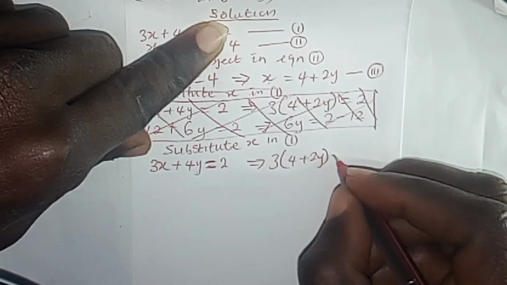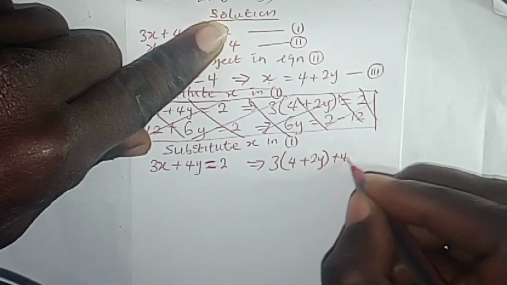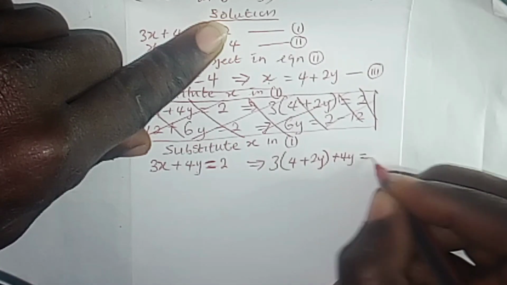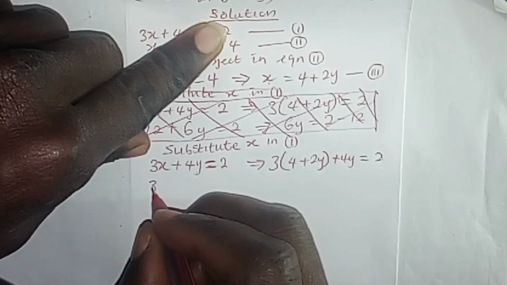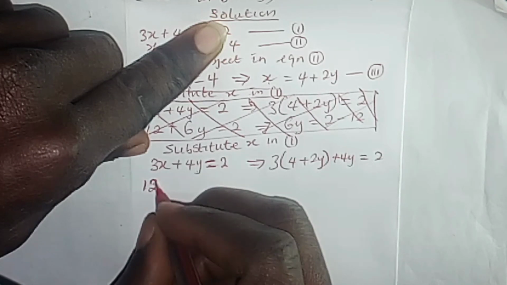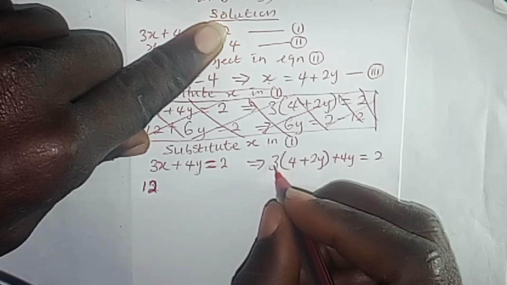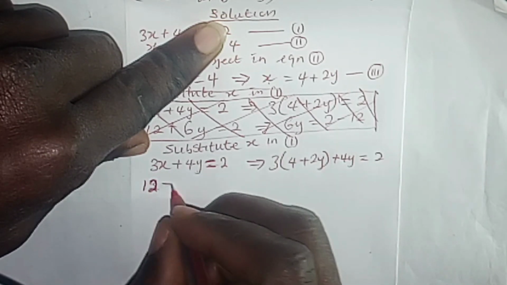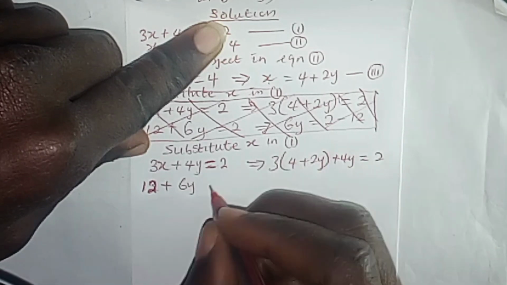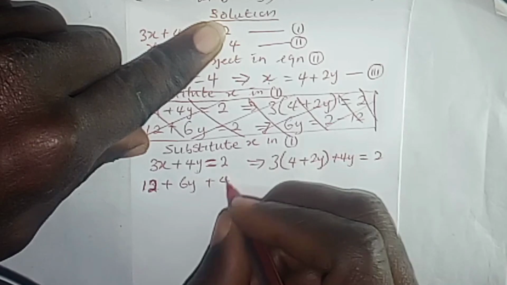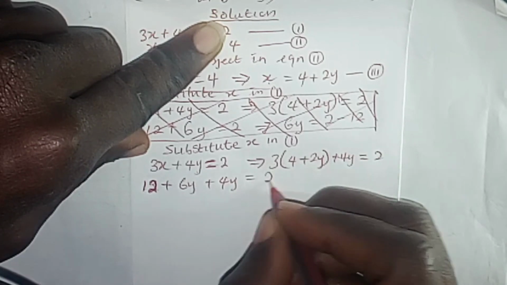And then we have 4y, equal to 2. When we expand, 3 times 4 is 12, then 3 times 2 is 6, so 6y, plus 4y equals 2.